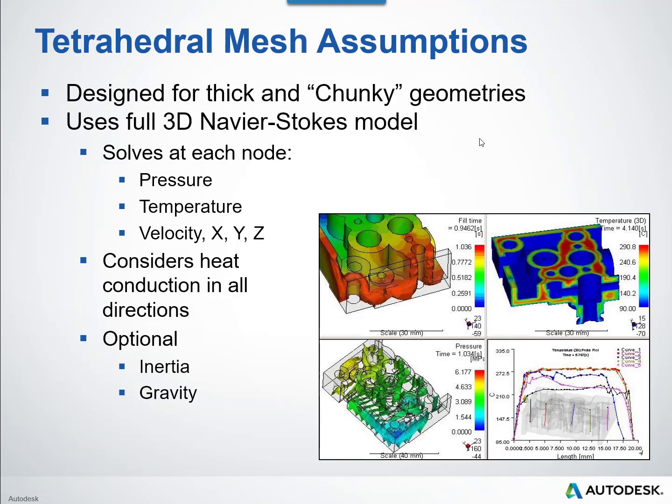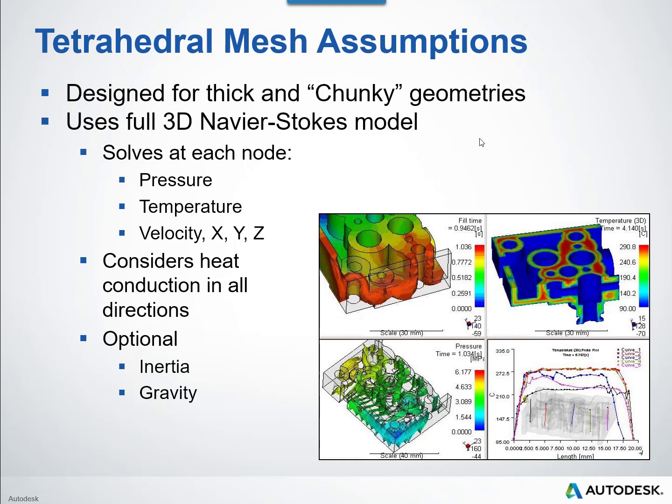Well, for 3D, which is very commonly used, new users find it very easy to get started. It's particularly designed for chunkier geometries. Now, what are chunky geometries? I'll speak on those in coming slides.